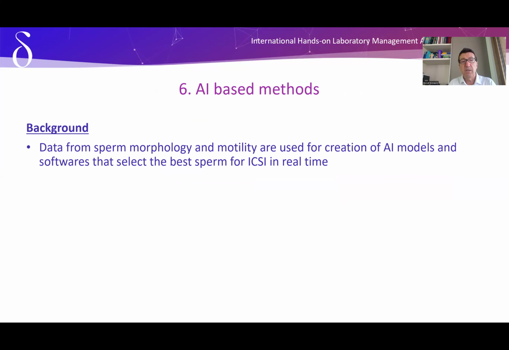What about artificial intelligence-based methods? There are a couple of publications nowadays. Usually these are methods that try to select sperm by morphology and motility, and different artificial intelligence models and software have been created that can be used for better selection of sperm for ICSI in real time.